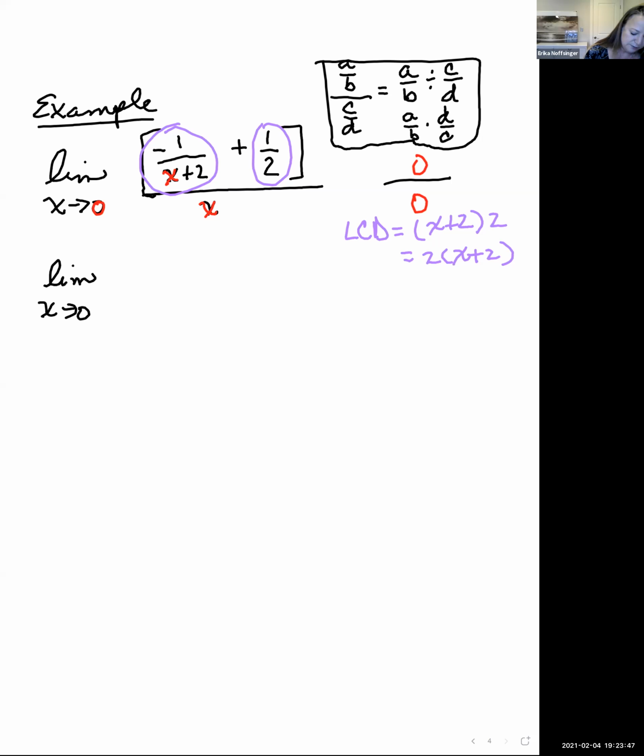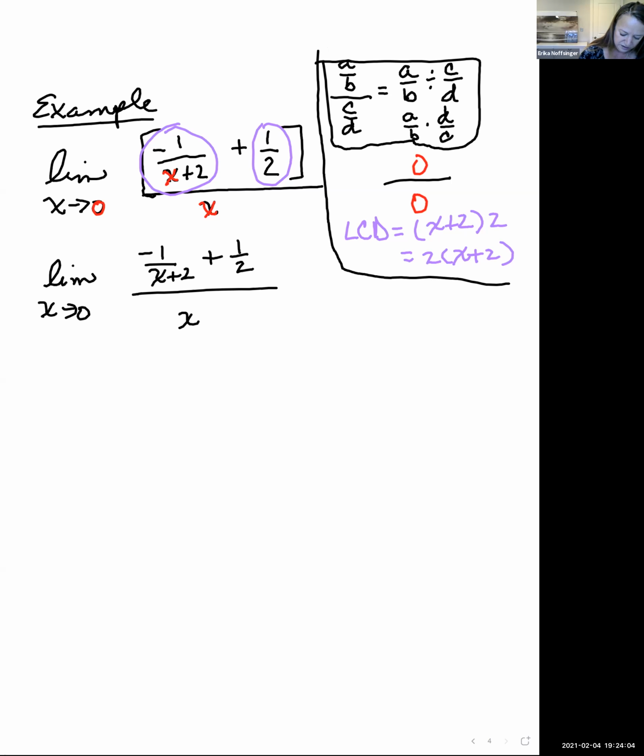Okay, so we're going to take our limit. I have -1 all over x plus 2 plus 1/2 all over x. Now we're going to multiply this by our fancy one, which is 2 times x plus 2, all over 2 times x plus 2.